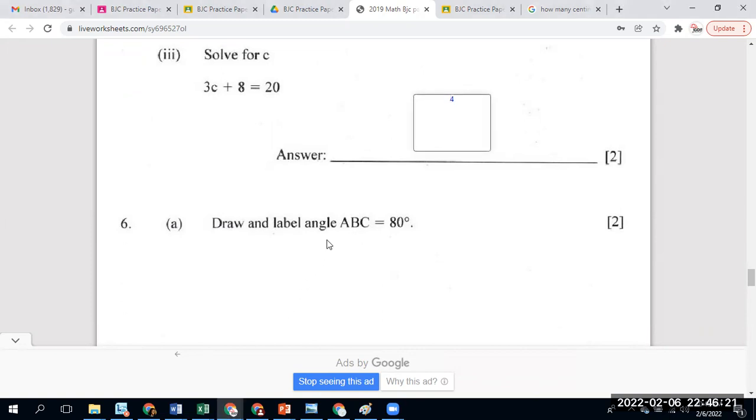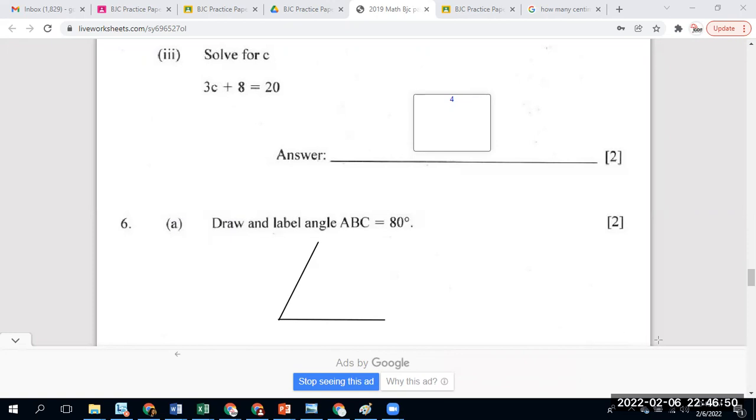You're going to draw a line, and you're going to measure using your compass the correct measurement of 80 degrees. Okay, so this here should be 80 degrees. And you're going to use the right instrument from your geometry set to measure this.